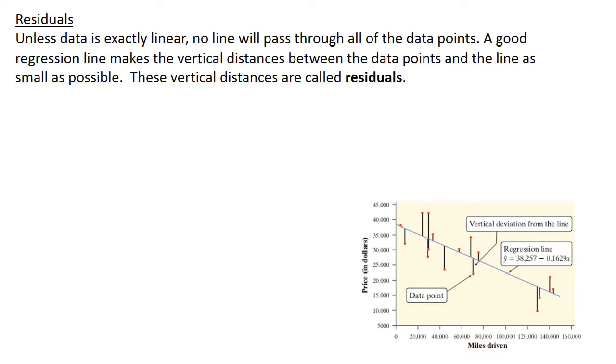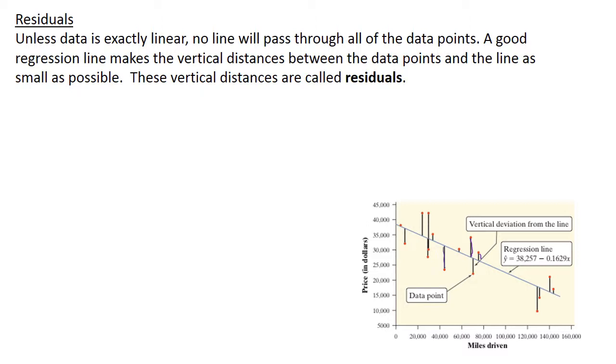And then finally, residuals. What happens here is we're trying to find a line that goes through our data as best as possible, and so models the data as best that we can. But unless the data is exactly linear, no line is going to pass through all of the data points. So what we're going to try to do is make the vertical distance between the actual points and the line as small as possible.